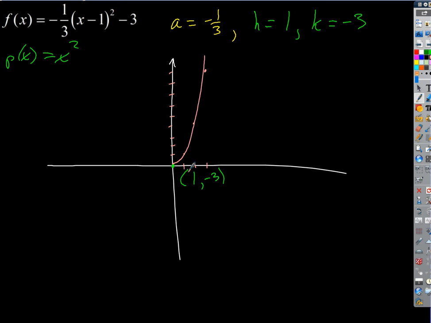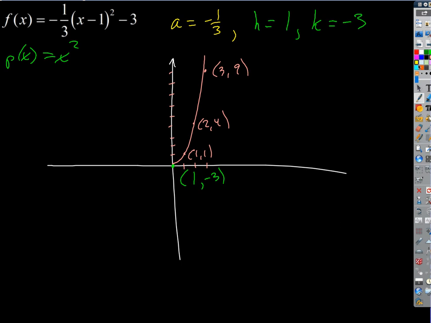What am I going to multiply my y values by? By A, right? So think about those y values. Which one of those y values is best to multiply by -1/3? Yeah, the 9. Good, right?